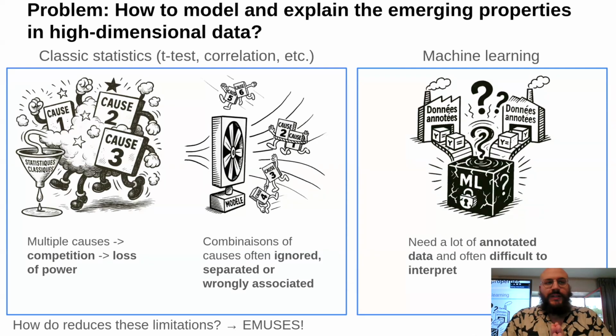The idea of EMUSES is to try to solve a problem of how to model and explain the emerging properties in high-dimensional, complex and noisy data. When we use classic statistics, when multiple causes explain our variable, the multiple causes can compete with each other, and thus we lose statistical power.